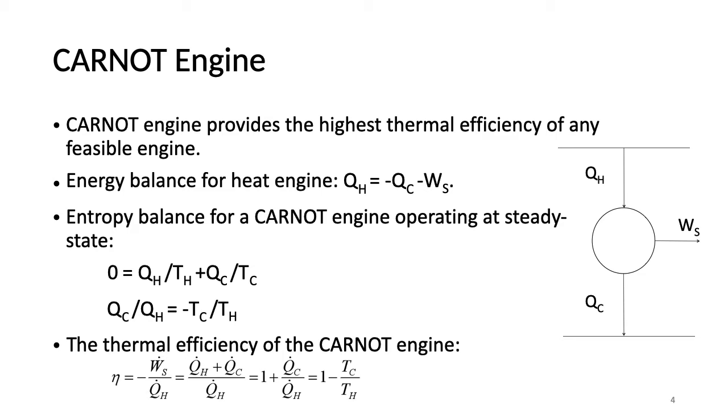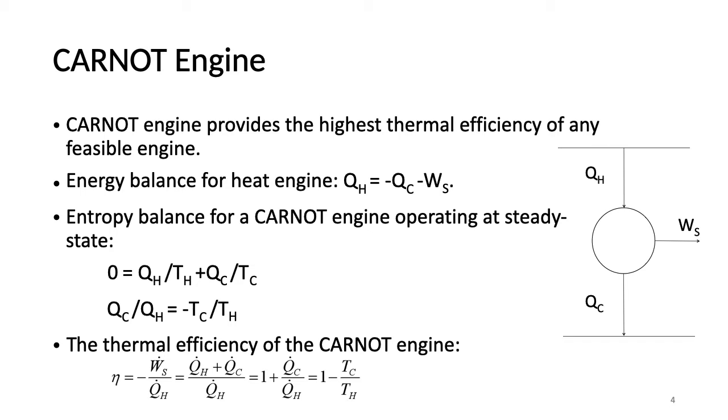WS and QC are both negative quantities in terms of the work done on the surroundings and heat rejected from the engine. Then we can apply the entropy balance for the Carnot engine operating at steady state. Entropy generation is 0 because the engine operates reversibly.